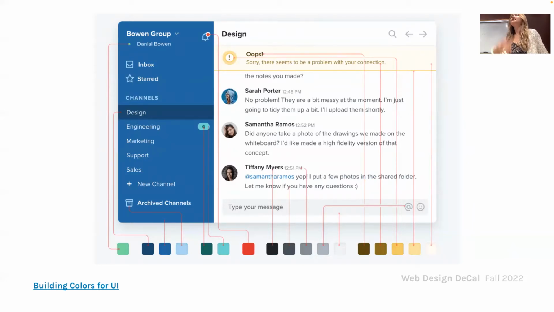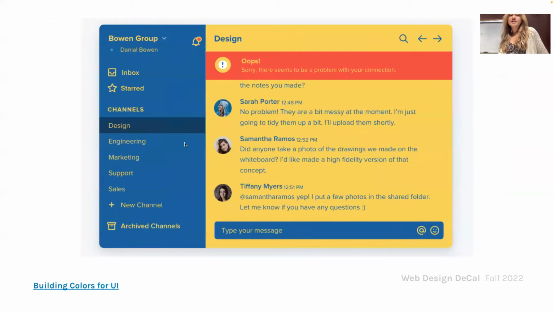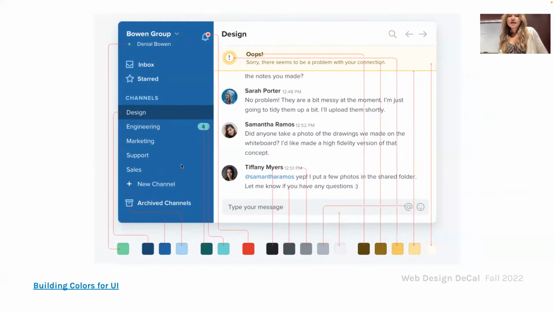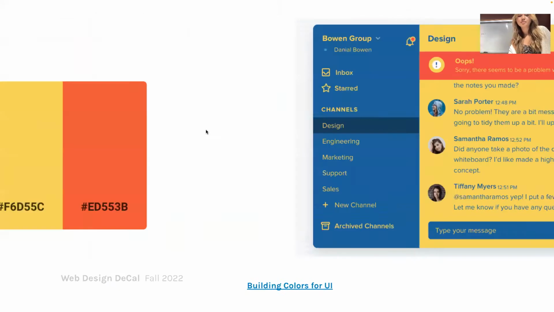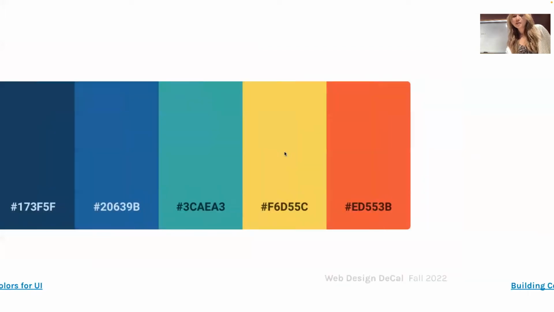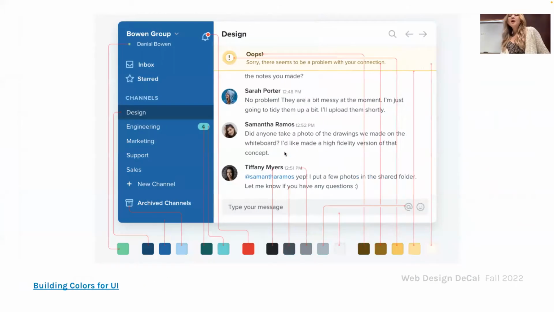If you've used Slack, the backgrounds are usually gray or white or black, depending on if you have dark mode on, but it's much easier on the eyes since the contrast between that white and the blue is easier than this yellow and the blue. You can also see how we have accent colors for our little notifications, for engineering, we use that green from the original color palette.